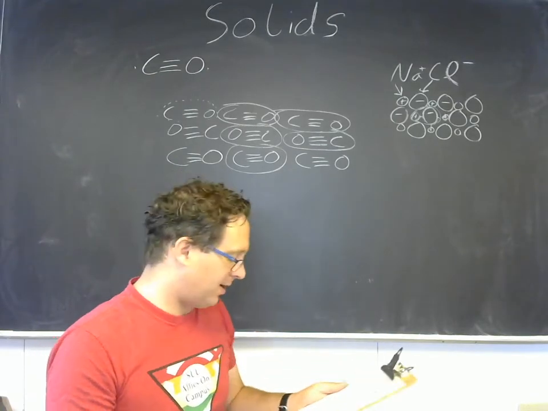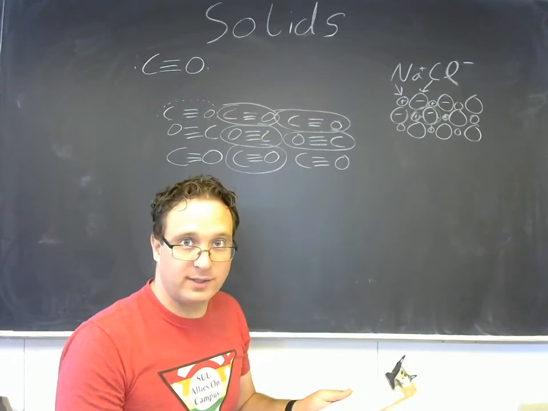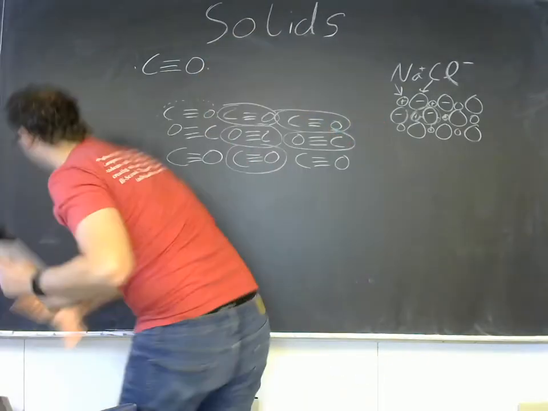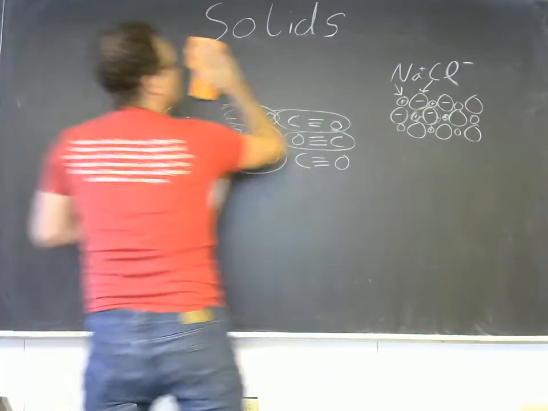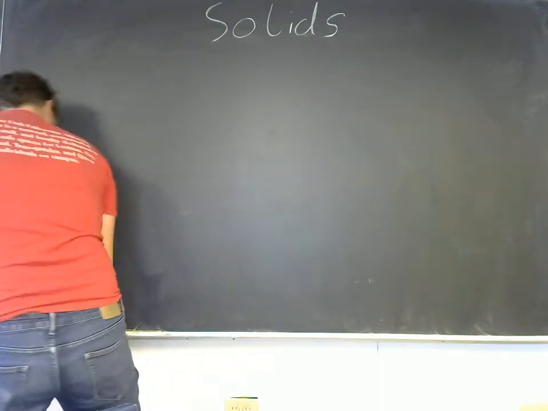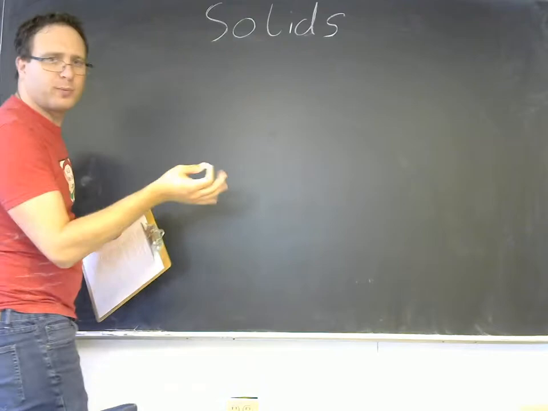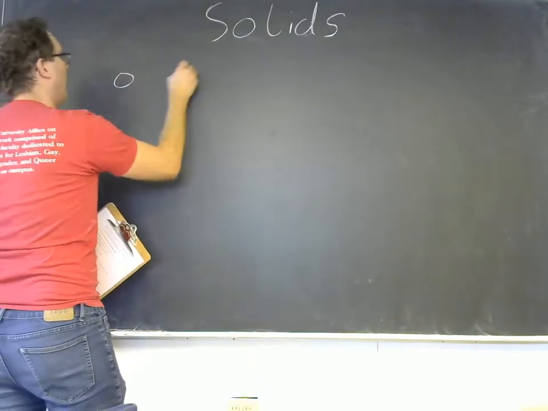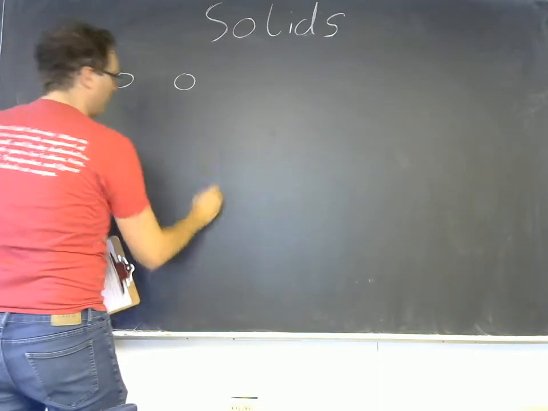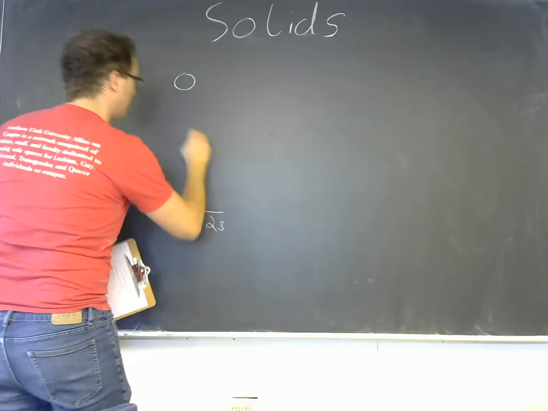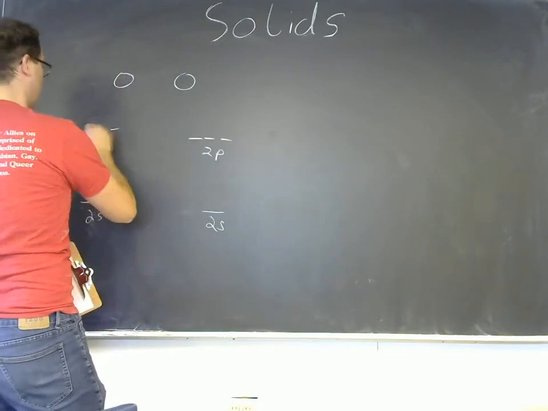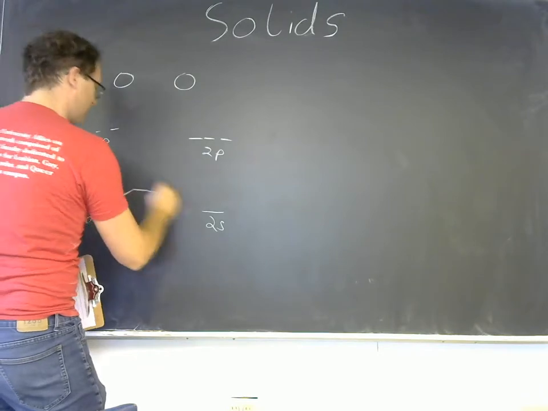Okay, so there is another way to describe metallic bonds, and that is through something called band theory. So you may recall in molecular orbital theory, if I have something like two oxygen atoms and they're going to come together and form a bond, well, I'll take their valence shell, 2s, 2p, 2s, 2p, and I'll construct new orbitals.